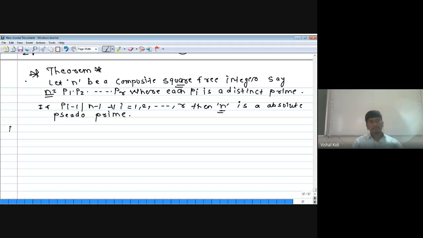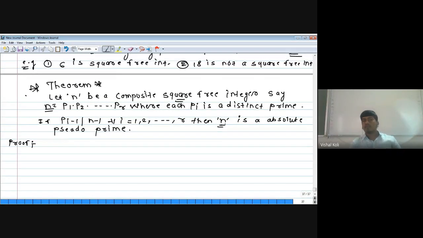See its proof. Given that n is a composite number and we have to prove n is an absolute pseudoprime, from the definition of absolute pseudoprime we have to take one integer a which is relatively prime to n.